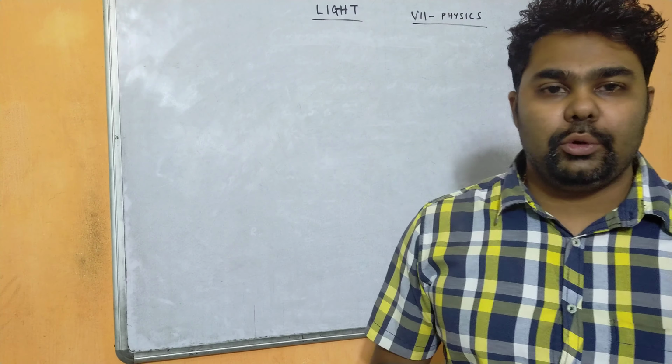Angle R, this angle is called the angle of reflection. And NS is the normal. One more point we have, that means point B. Point B means here the point of incidence.